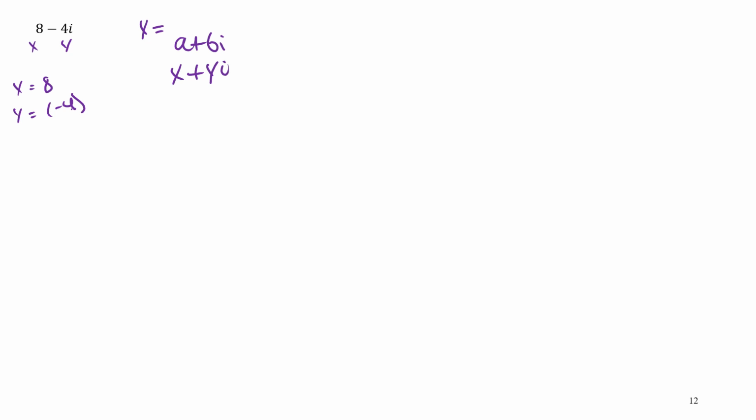And so for this one, we want to get to the terms where z is equal to r cis theta, or you can write it out longer as z equals r cosine theta plus i sine theta.